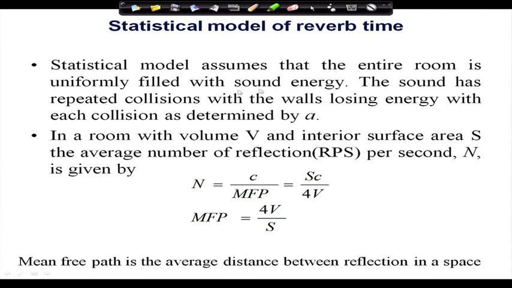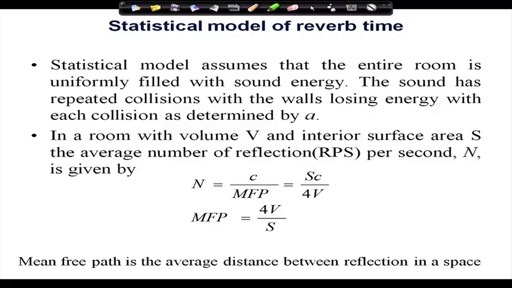So, the statistical model assumes that the entire room is uniformly filled with sound energy. The sound has repeated oscillation, with the wall losing energy with each collision determined by A. The room volume is V, and the number of reflections is statistically so large that at any point in the room the average number of reflections will be the same. Okay. So, this is called the statistical model, and then I can apply the statistical model of reverberation time.